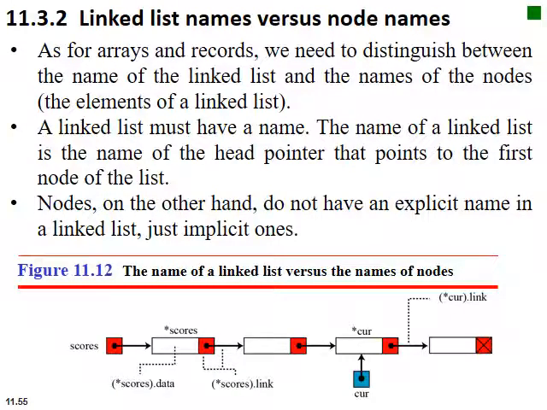Okay, so linked lists, names versus node names. As for arrays and records, we needed to distinguish between the name of the linked list and the names of the nodes. All right, how did we do this with an array? This we're going to draw on the screen here. For an array, we had, for example, student, and we referred to a certain element by saying student 2.